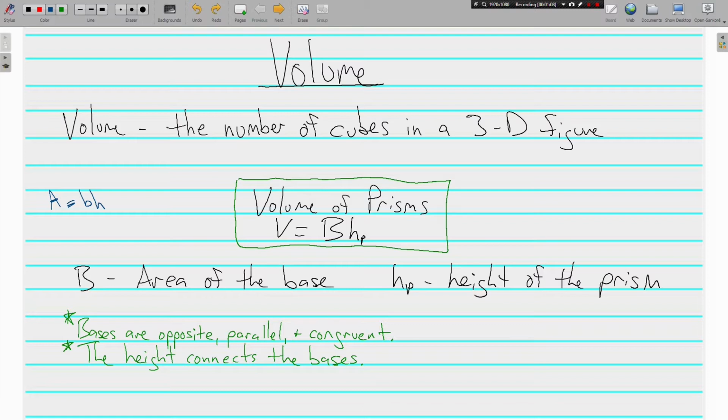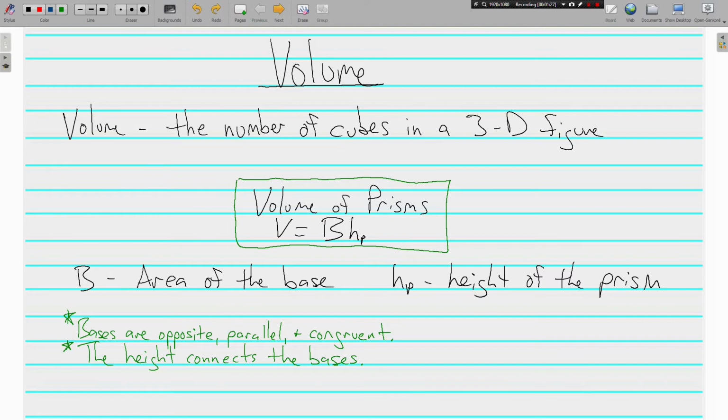But our area is going to change depending on what shape the base is. We'll always need the area of the base, but you just need to understand that lowercase b and capital B stand for different things. Here it stands for the area of the base.